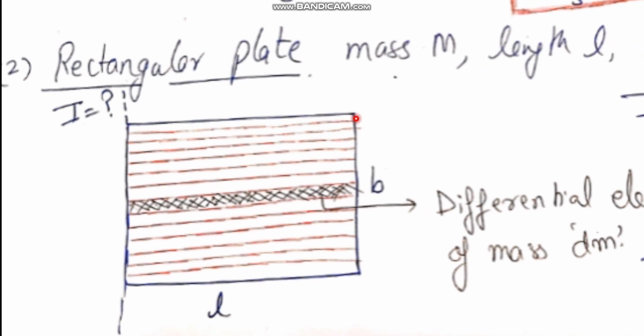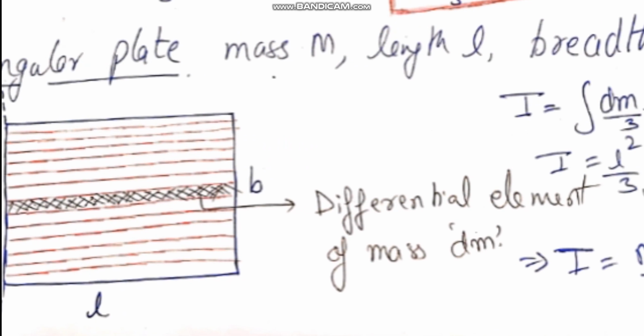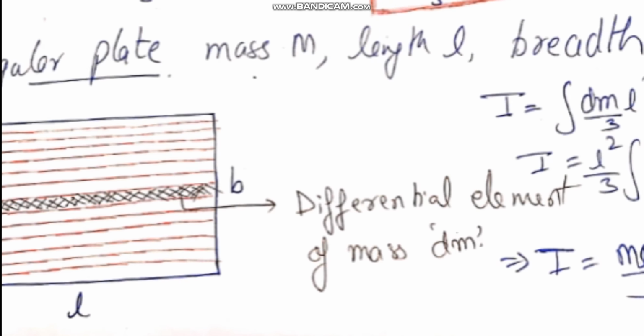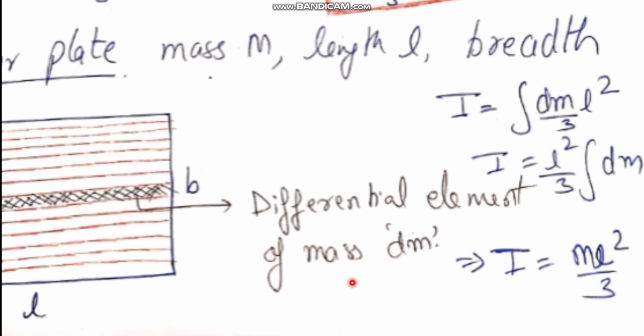So this entire plate can be thought of to be made up of a large number of thin bars. So I have divided this into a large number of thin bars, and suppose this is one of such bars. This is what I call a differential element of mass dm.